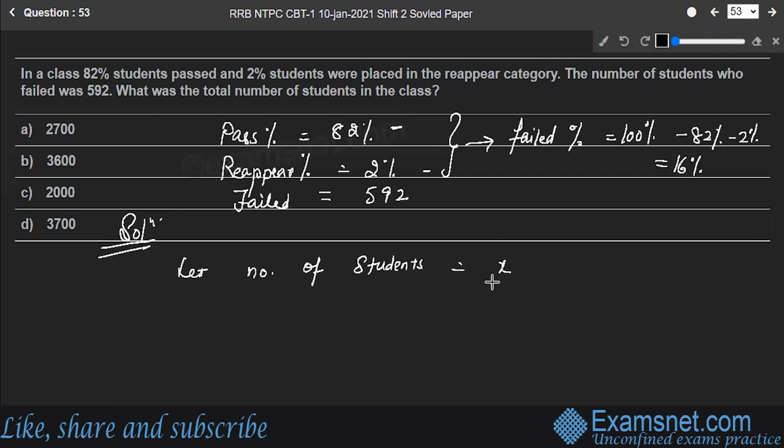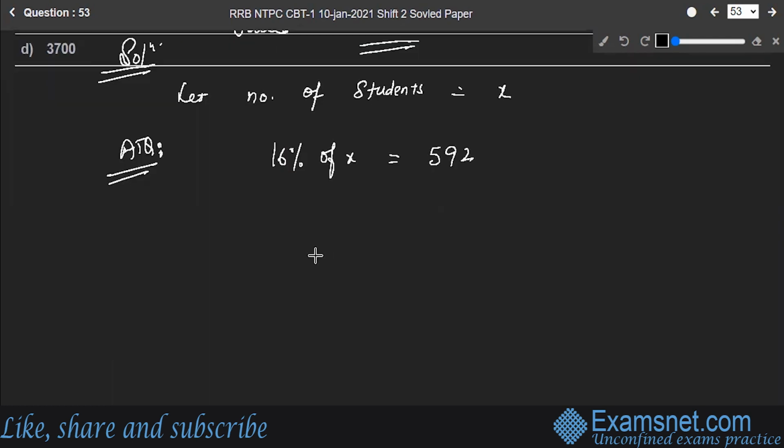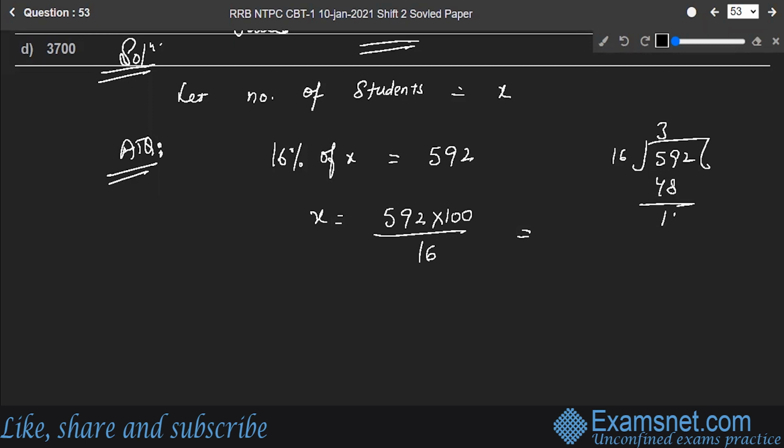So if the number of students is equal to x, then the failed students are 592. So according to the question, 16% of x is equal to 592, or x is equal to 592 multiplied by 100 upon 16, which gives you, so let's divide this, 592 by 16, 3, 48, 1, 1, 2, 7.